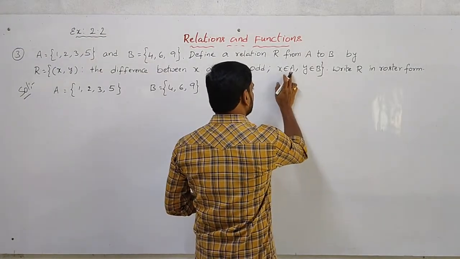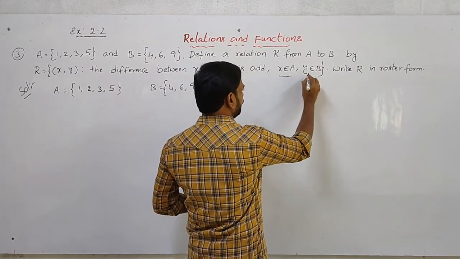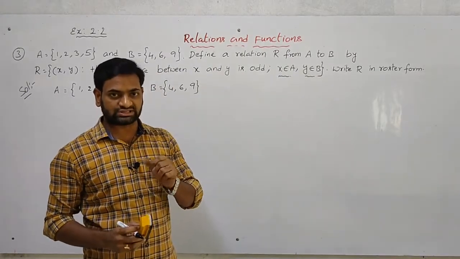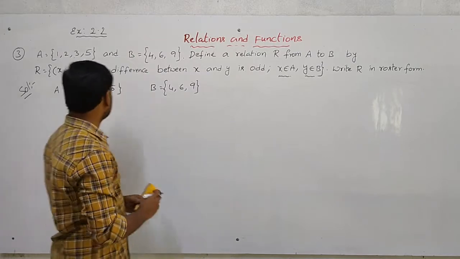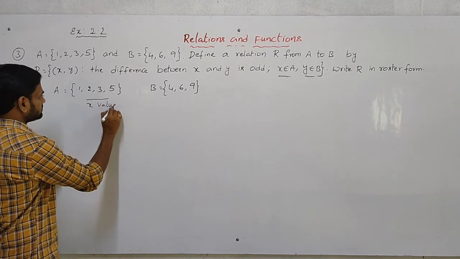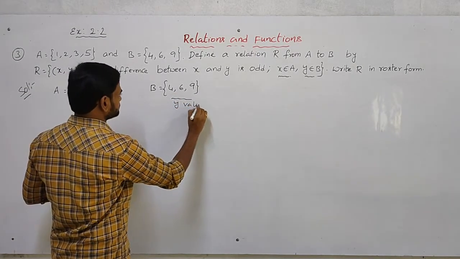X values are from the A, y values are from the B. So A values are x values, B values are y values. So these are the x values and these are the y values.